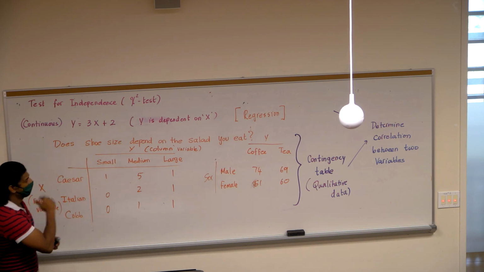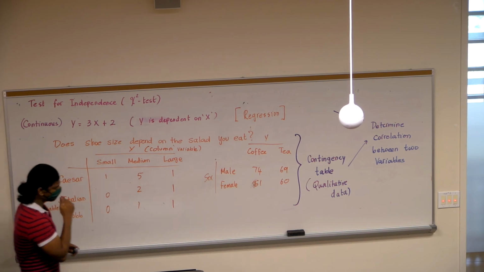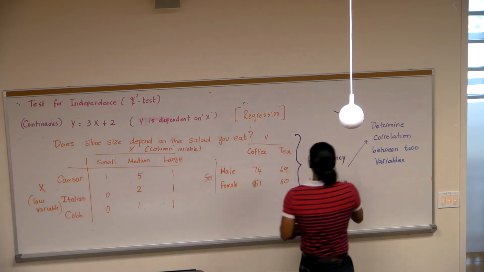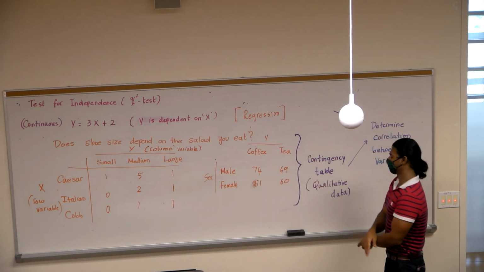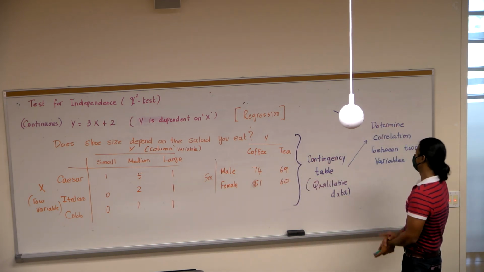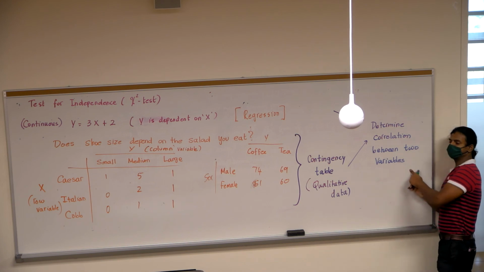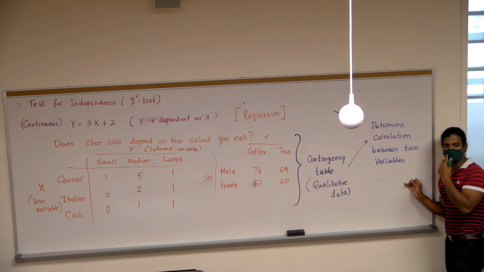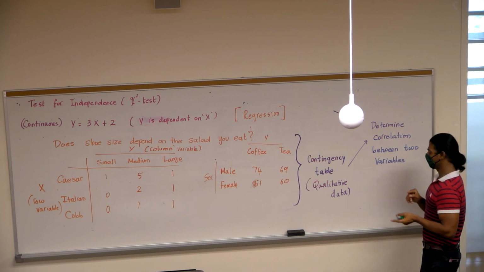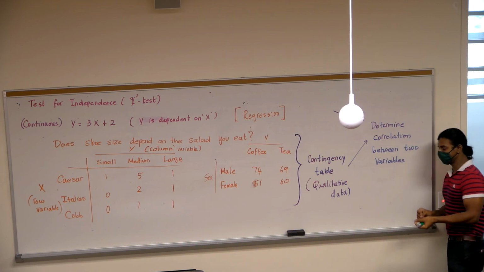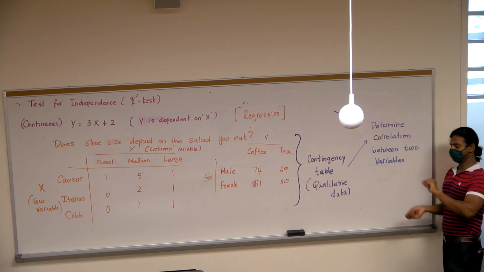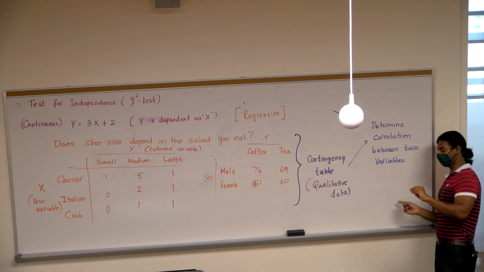When we have categorical data, we have to construct a table of this sort, which is called a contingency table, and we will use that to determine if there is a correlation between variables or not. Sloan mentioned, oh, is this the test that determines if there is a difference between correlation and causation?